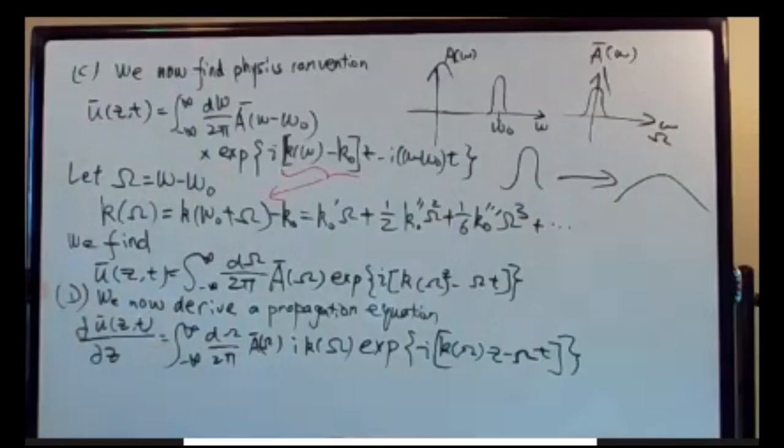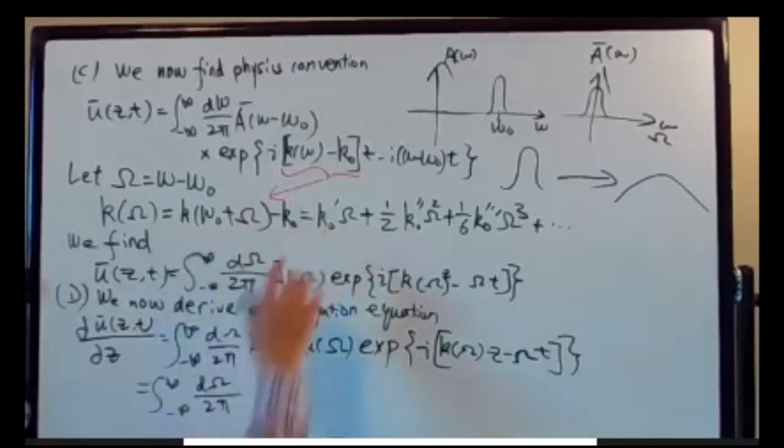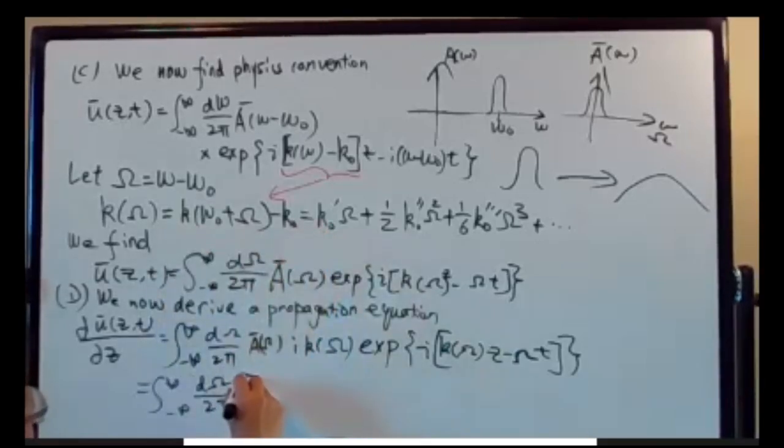Let's do it together. This is d capital omega over 2 pi. Now let's move a omega later on, but let's do i k omega first. i k omega is here, so let's copy it.